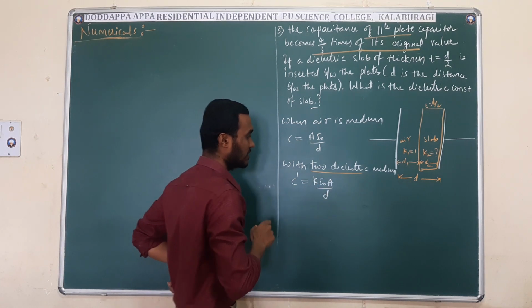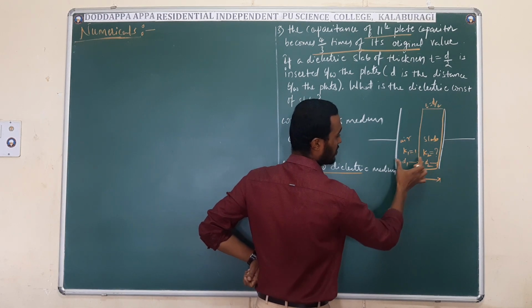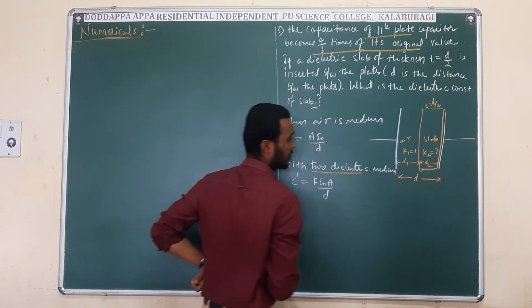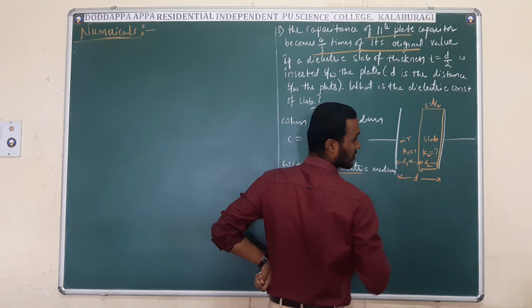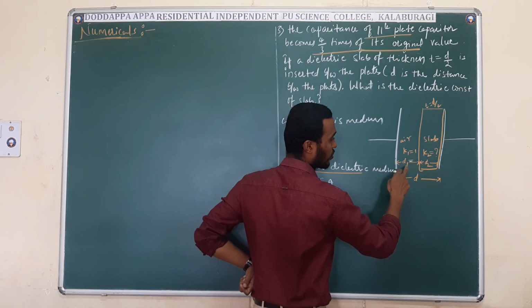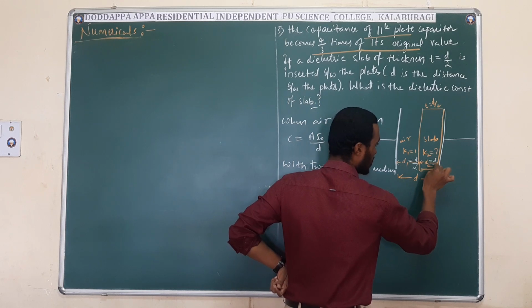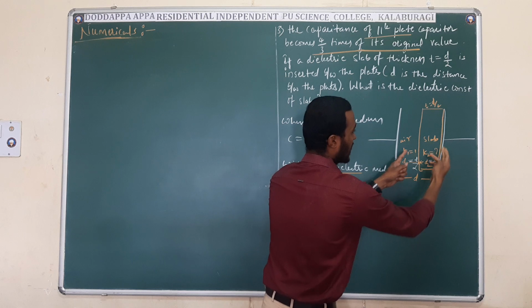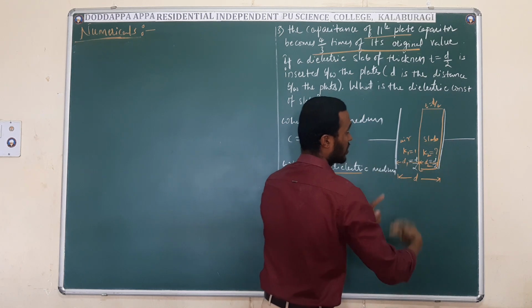But here we have two mediums and both have different distances. One has d1, another has d2, right? So d1 is equal to how much? d1 is d by 2, and d2 is also d by 2. If d is the distance and exactly half is the slab we introduced, the remaining is d by 2, and this is also d by 2.